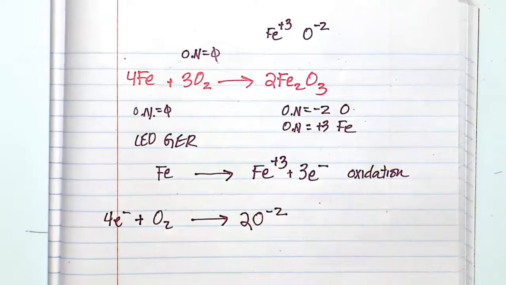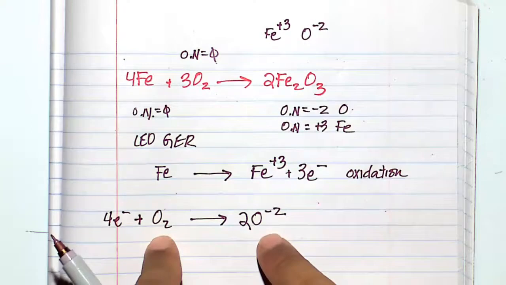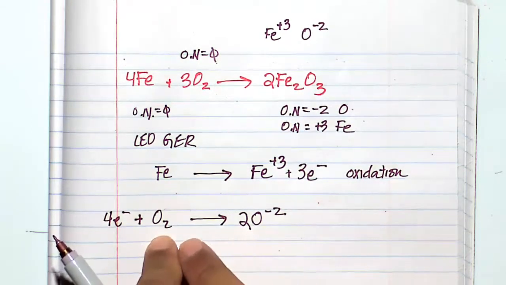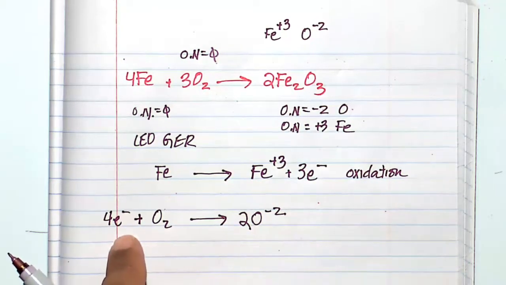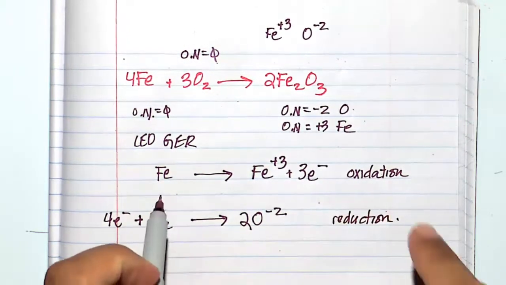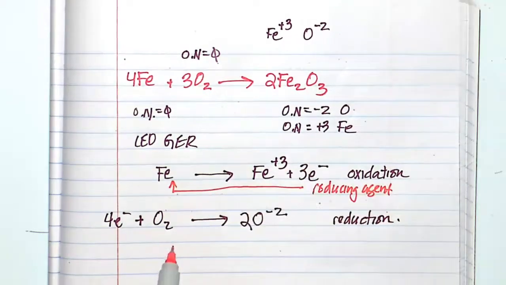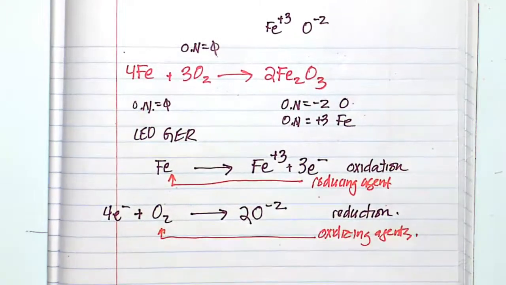And I put a 2 here to balance the oxygen atoms. In order for O2 to become O minus 2, I have to gain 4 electrons. When I gain 4 electrons, this is reduction. So Fe is undergoing oxidation, so it is the reducing agent. O2 is undergoing reduction, so it is the oxidizing agent. And this is how we split apart this reaction into the reducing agent and an oxidizing agent.